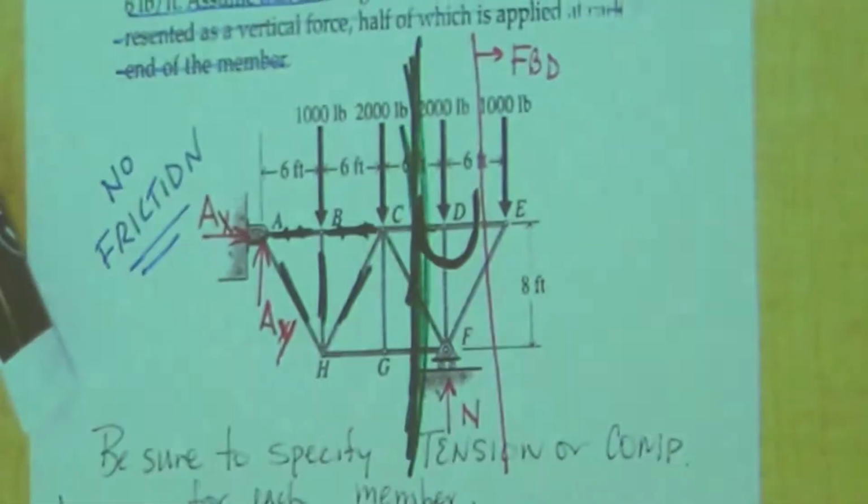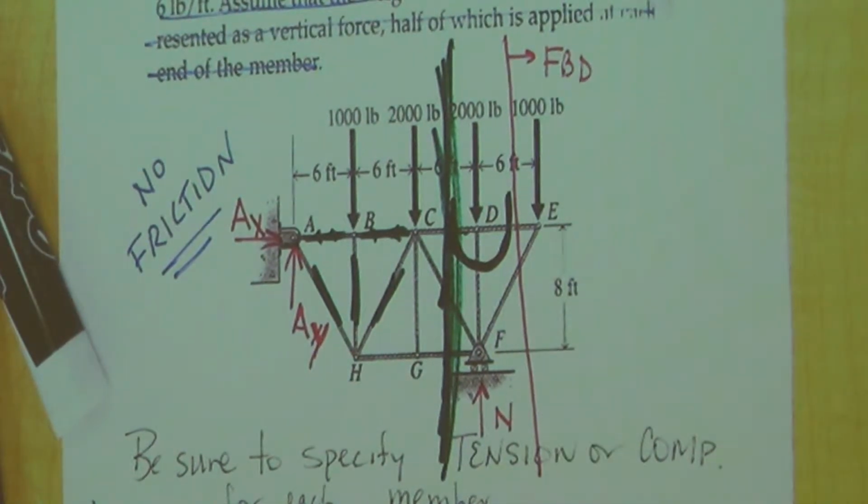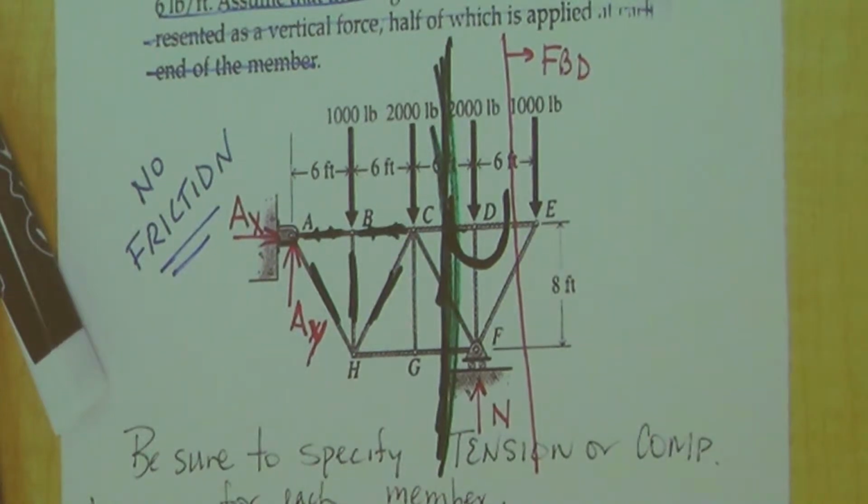Well, let's go over this right now. I asked you to draw a free body diagram of the right side, cutting it where the red line is, right? So we're really just drawing a free body diagram of point E. What do I have on point E?